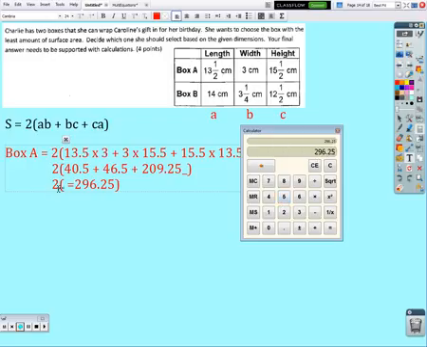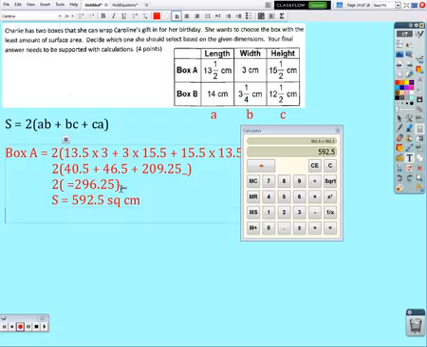Multiply this by 2. There is the surface area for the first box. Now I've got to label it correctly: surface area equals 592.5 square centimeters. We're okay with that?